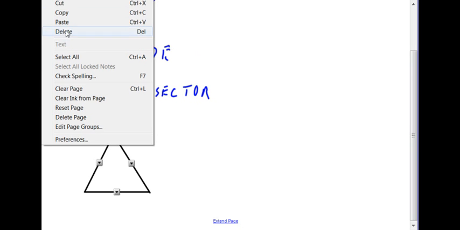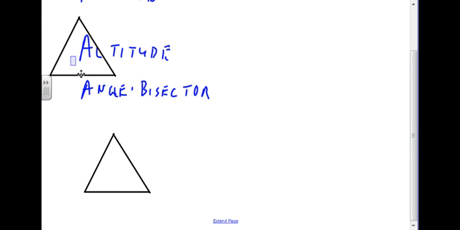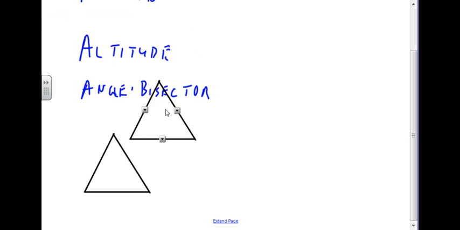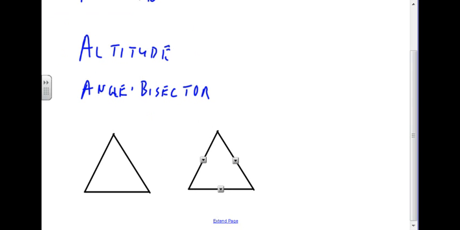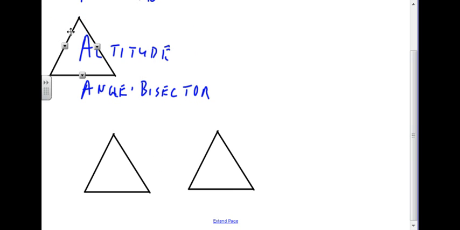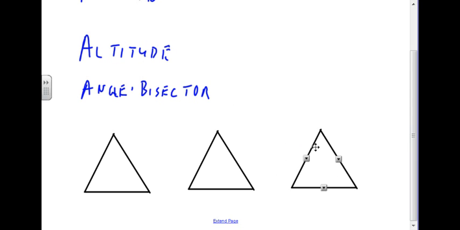If I could find the paste command. Oh, bummer. Oh, no. Okay, there we go.